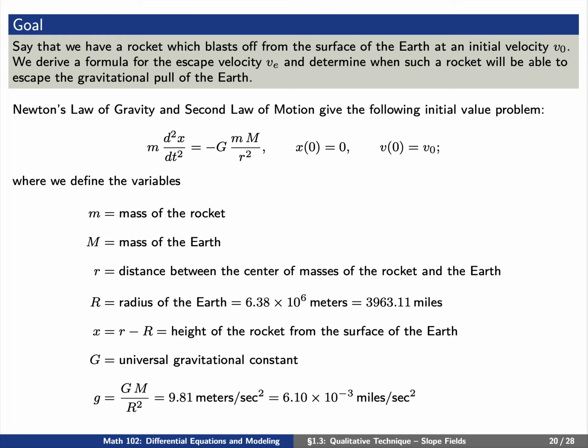Lowercase m is the mass of the rocket, lowercase r is the distance between the center of the mass of the rocket and the center of the Earth, but we can just really work with the variable x, which tells us the height the rocket is from the surface of the Earth. It'll be useful for us to consider lowercase g, which is the gravitational acceleration, which is 9.81 meters per second squared.